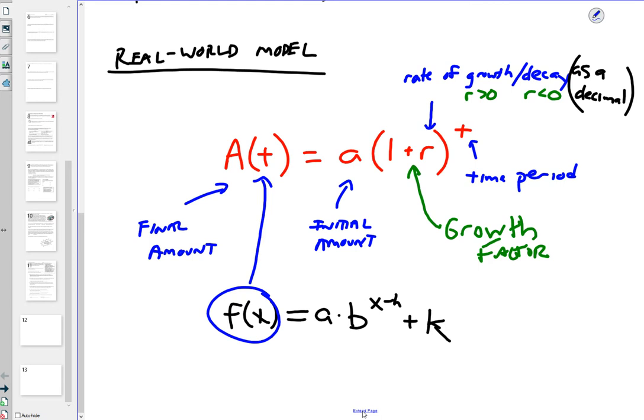So whatever that number is going to end up being after some type of time has passed, that's the output. Okay. What used to be the A, which was the vertical stretch, the flip or whatever, now that's going to be represented by an initial amount. That's what you start with before time passes.